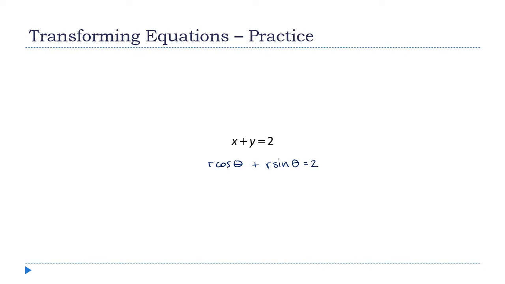Let's factor the r out. r times (cosine theta plus sine theta) equals 2, and then let's divide by the cosine theta plus sine theta part. r is equal to 2 divided by (cosine theta plus sine theta).